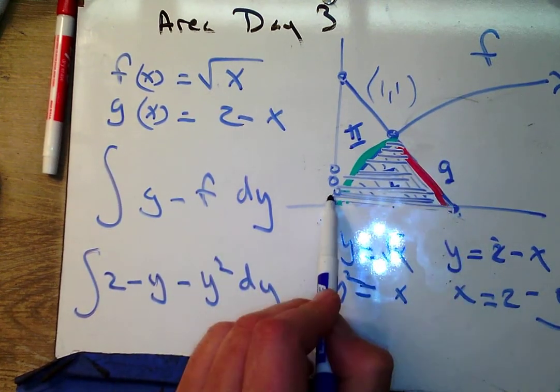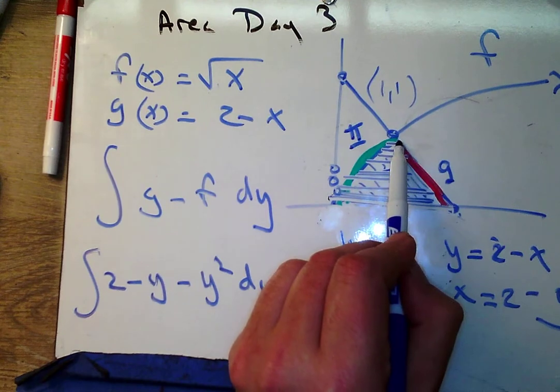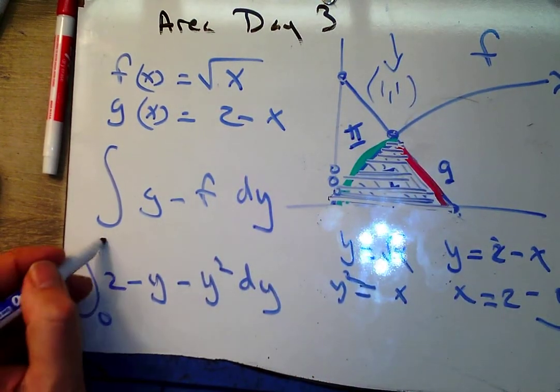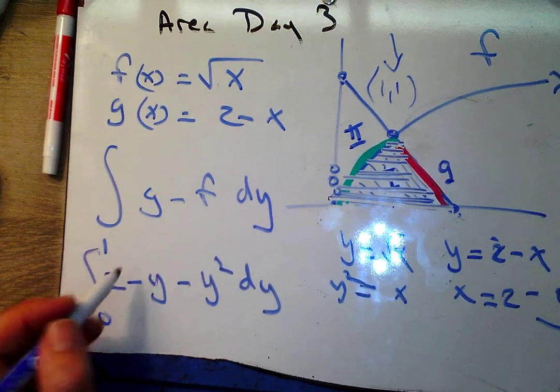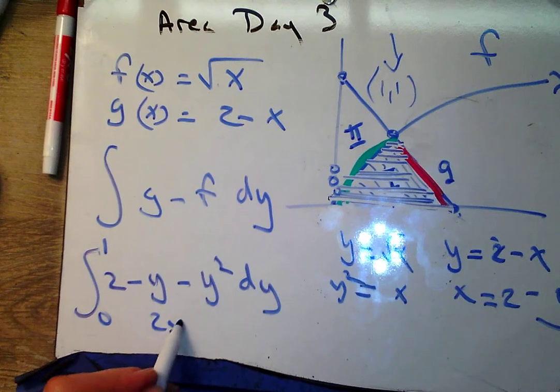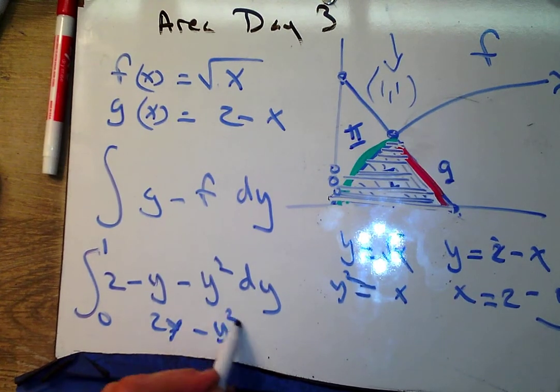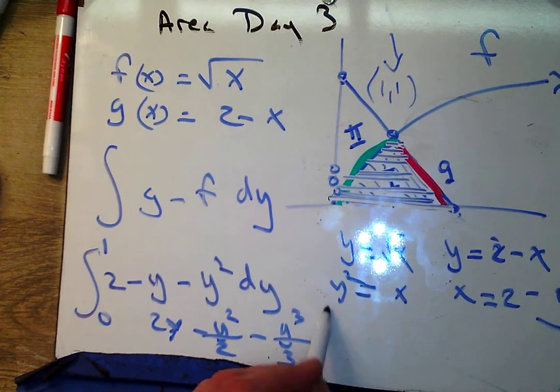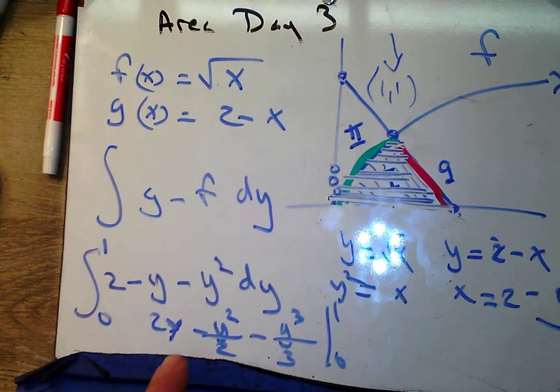And we're integrating from 0 to what y value? Ooh, the y value of 1. So 0 to 1. Excellent. So when I integrate here, I get 2y minus y squared over 2 minus y to the third over 3, from 0 to 1. When I plug a 0 in there, I just get 0.